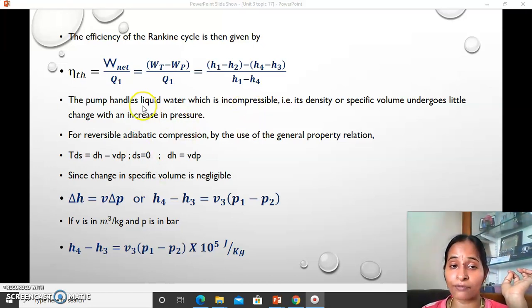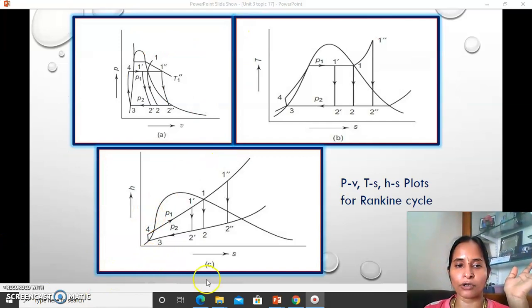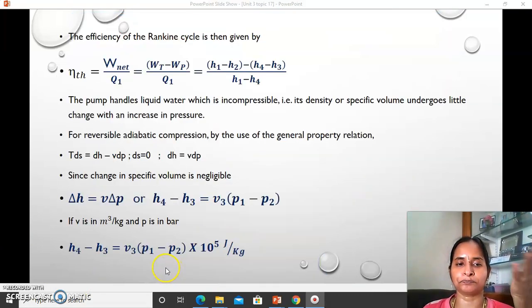Even the liquid phase is incompressible, so its density and specific volume undergo little change with an increase in pressure.